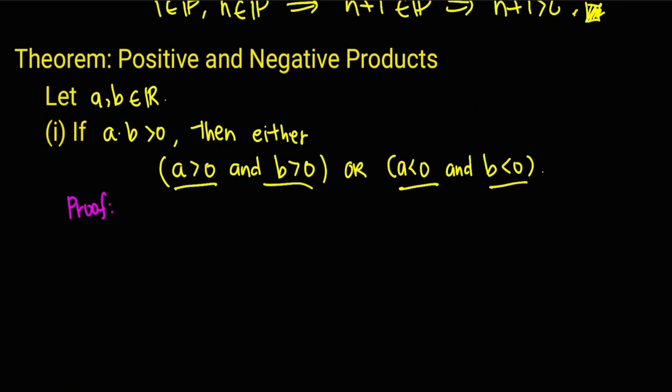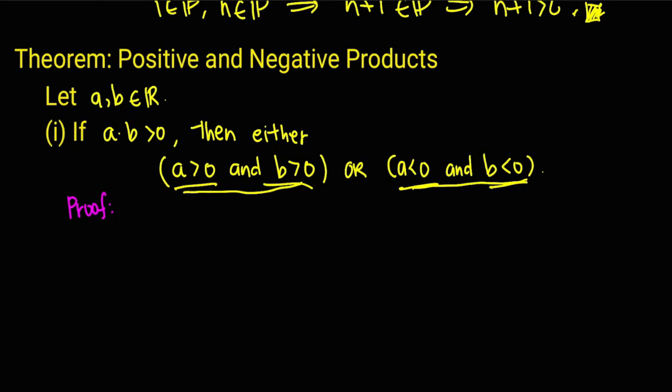When AB is greater than 0, we want to show that either both of them are positive or both of them are negative. Now remember, if you have an assumption that A times B is positive, then you cannot have any of them to be 0. Why?